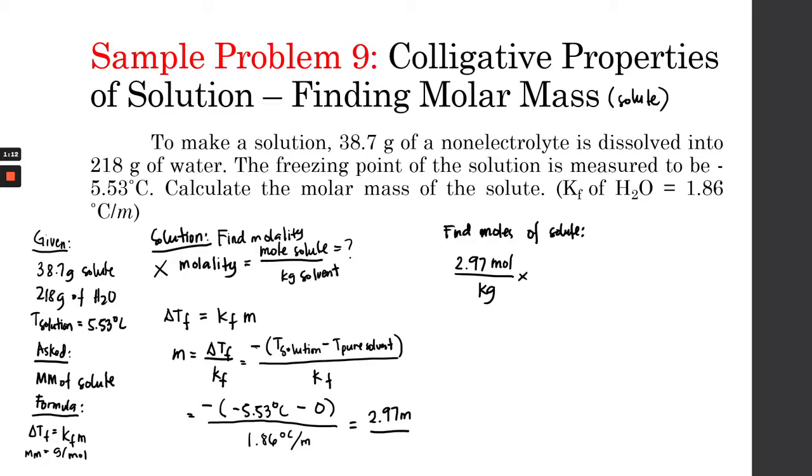So by multiplying by the mass of our solvent, 218 grams, and we know that 1 kilogram equals 1000 grams, we can cancel the grams, cancel the kilogram, and we'll be able to get the moles.